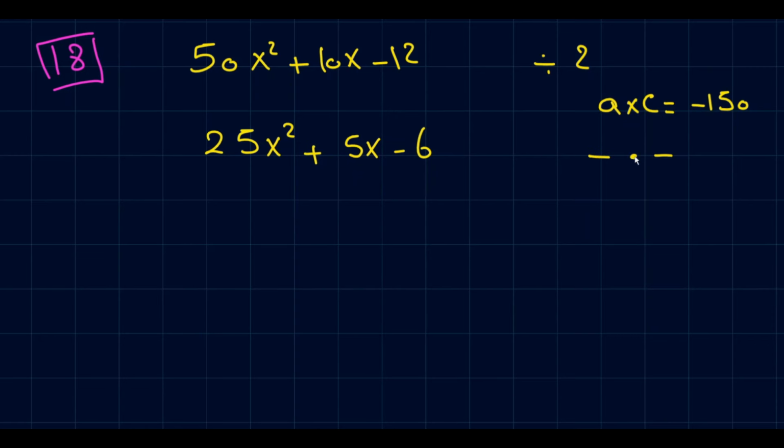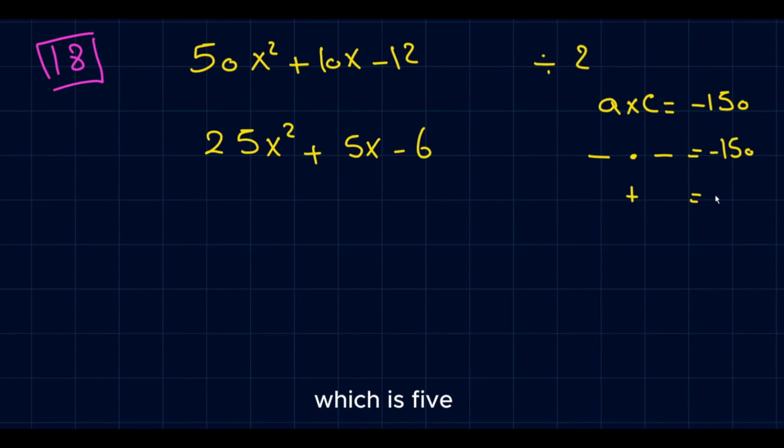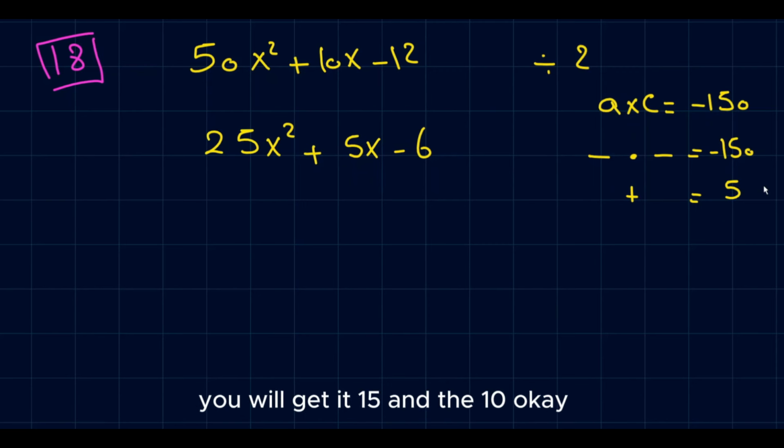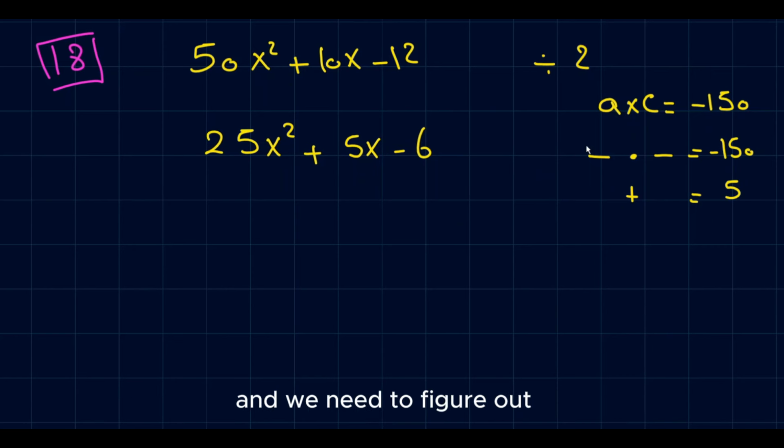If we multiply them together, will give us negative 150, but if we add them, will give us the b that we have in the equation, which is 5. It's very simple. If you take a look and analyze it slowly and easy, you will get it. 15 and 10, okay?